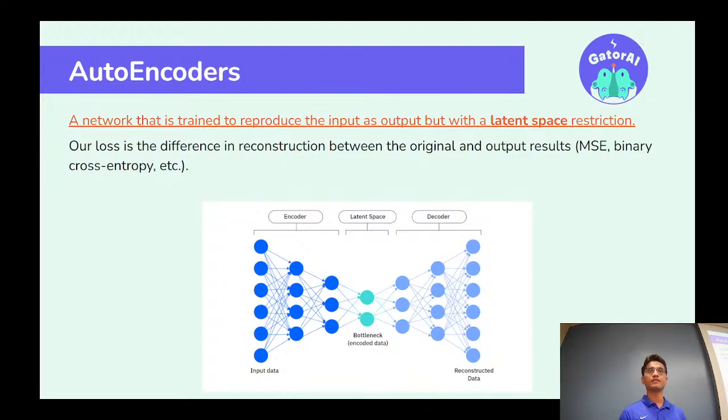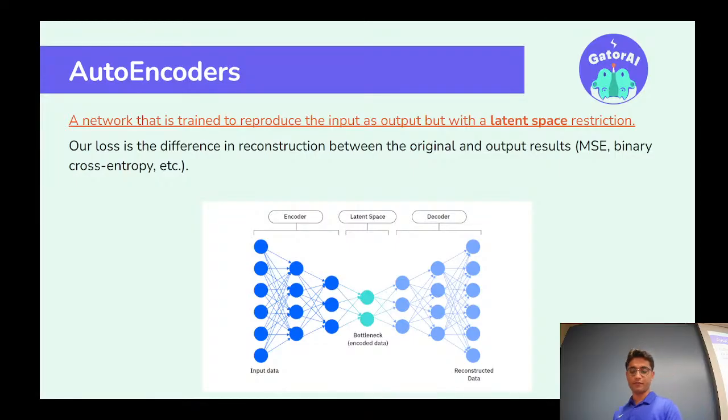We're forcing the neurons to capture as much information as possible in the smallest amount of data possible. And then we use that information, those vector spaces, to reproduce an output, what is called the reconstructed data, which is basically our input.